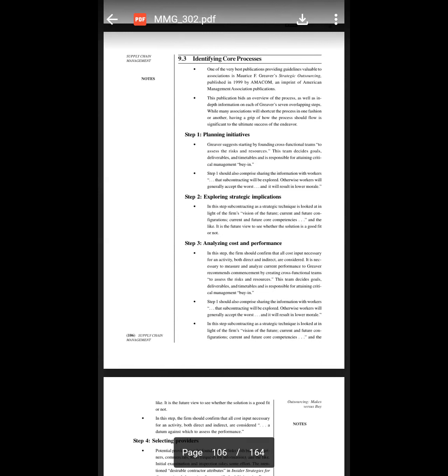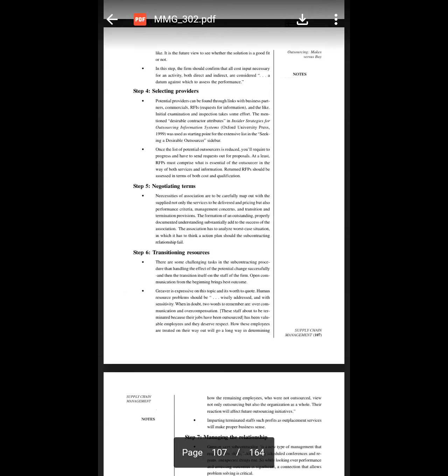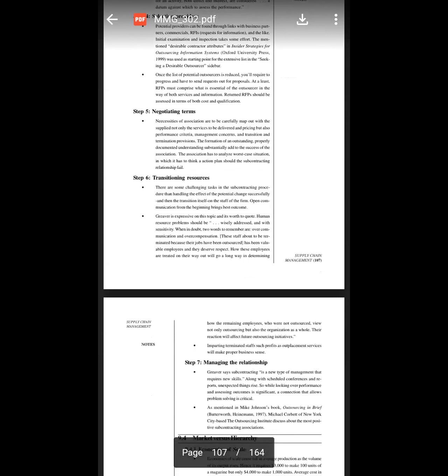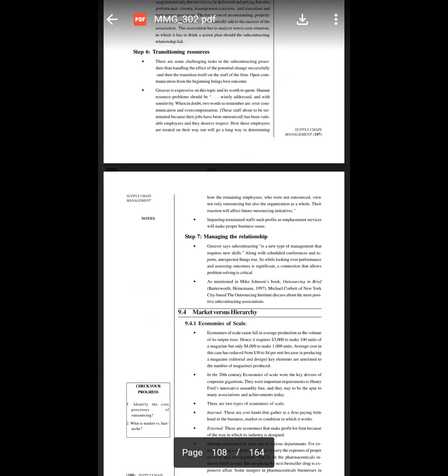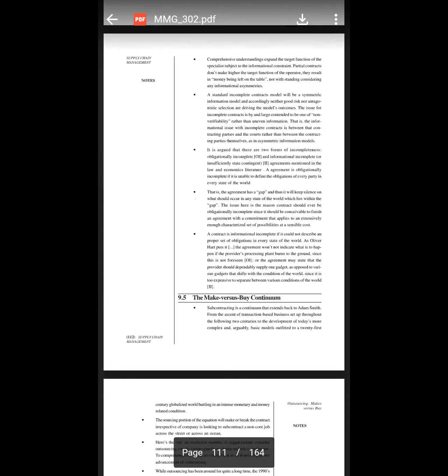Now see, there are a lot of strategic activities that should be carried out, such as exploring strategic implications, analyzing cost and performance, selecting procedures, negotiating terms, transitionary resources, and managing the relationship. So all these are important parts of make versus buy.